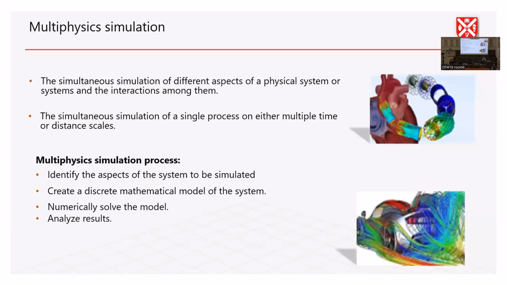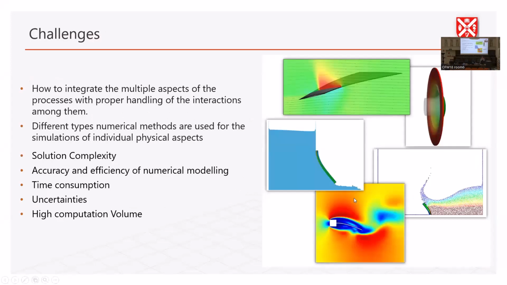Once we simulate and create a discrete reference model of the system, we will resolve the model and analyze it. Doing this process gives us challenges, like how we can integrate the multiple aspects of the process, and the solution complexity, accuracy, and efficiency, and of course, performance.